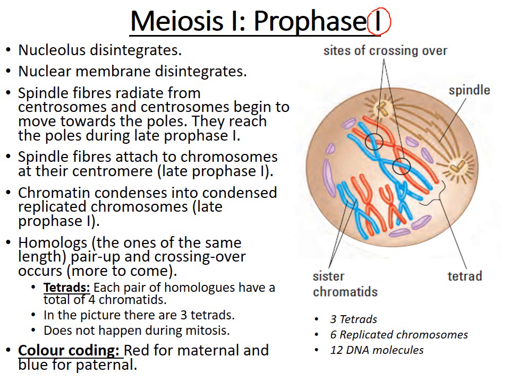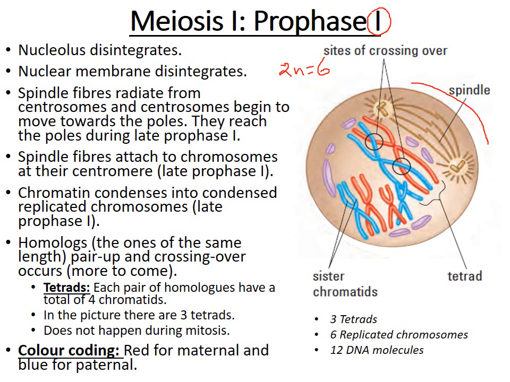So let's take a look at what's happened so far. You can see that in meiosis 1, prophase 1, the nuclear membrane has broken down. You can see that the centrosomes are starting to move away from each other, and spindle fibers are coming out of them. You can see that our chromatin has become chromosomes. Remember, we had 2n equals 6, that means we had 6 chromosomes. But here's what I want you to get.